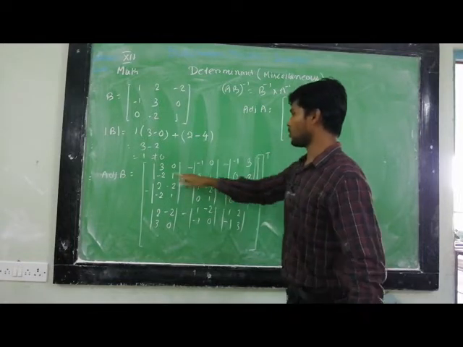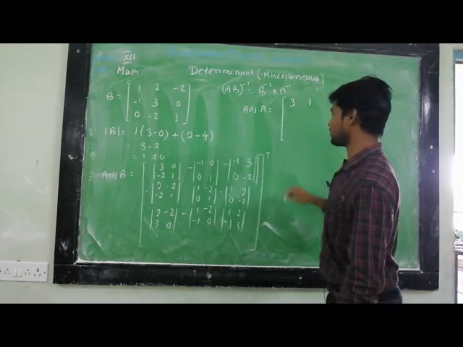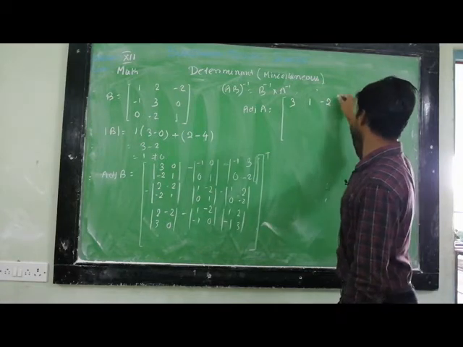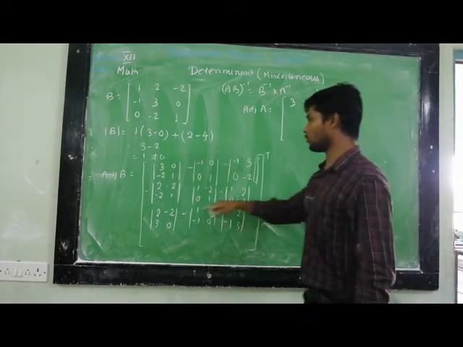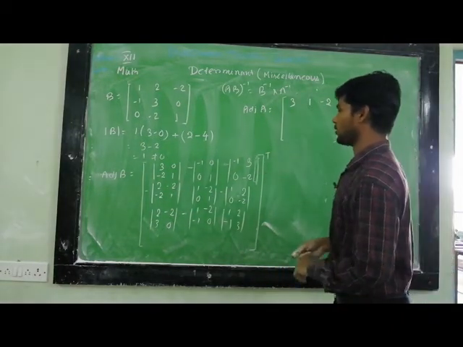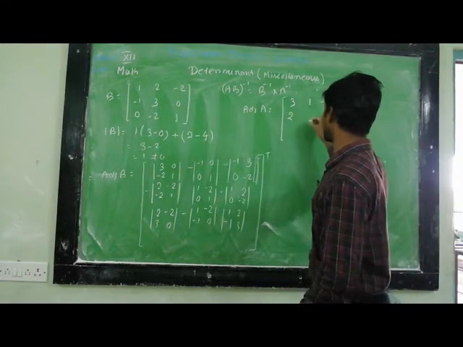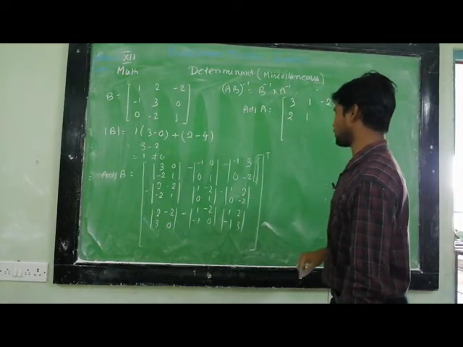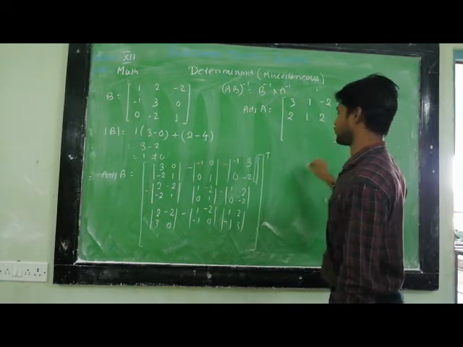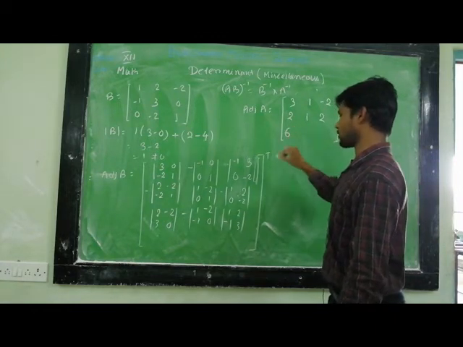Now calculate the value of the adjoint. It is the matrix of: 3, this determinant is 1, and the value of this determinant is minus 2. The value of this determinant is 2 minus 4, that is minus 2, and minus of minus 2 is equal to 2. The value of this determinant is 1. The value of this determinant is minus 2, and that is plus 2. The value of this determinant is 0 minus of 6, meaning plus 6.